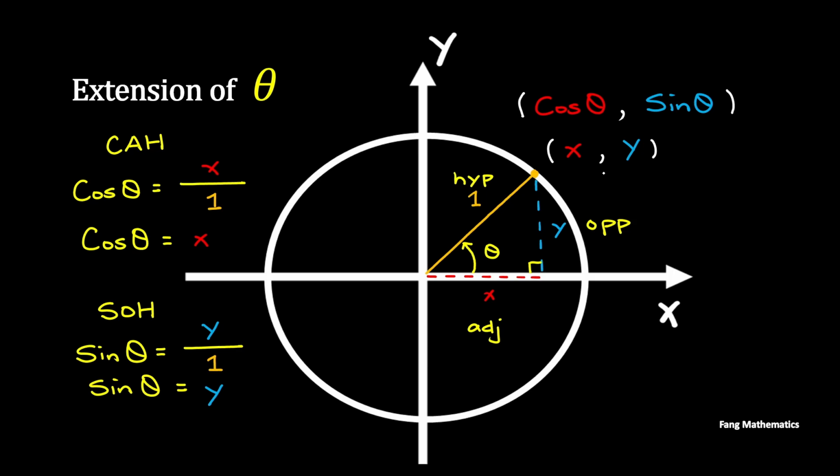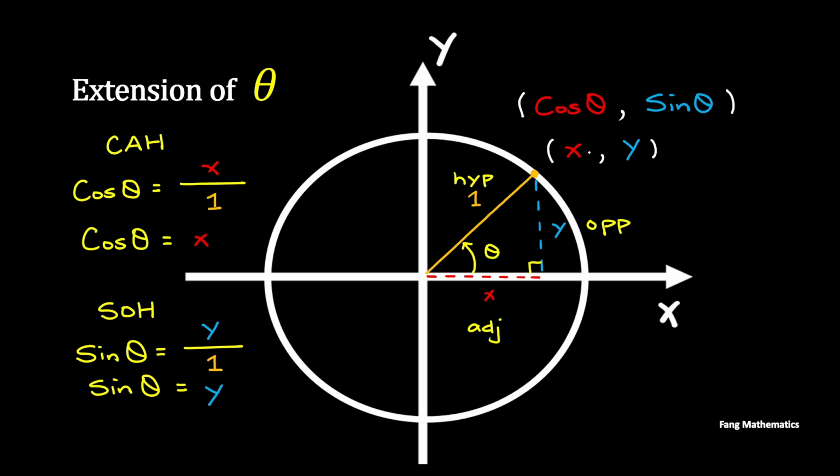Before we move on to tan theta, let's look at the cos theta and sine theta we have. You now have two methods to represent a point on the Cartesian plane: in terms of x and y, that is the movement along the x or y axis, and you can also express a point in terms of theta.